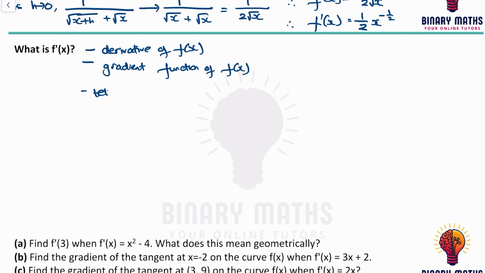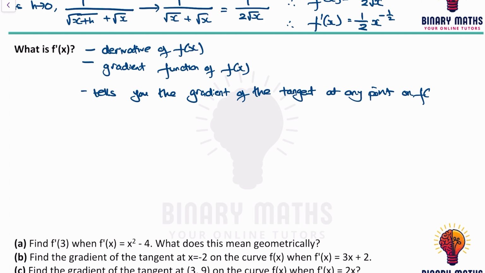It tells you the gradient of the tangent at any point on f of x. Okay, so if you have f of x, you can use it to find the derivative function, which is f dash of x, and then you can use that to find the gradient of any tangent at any point on f of x.